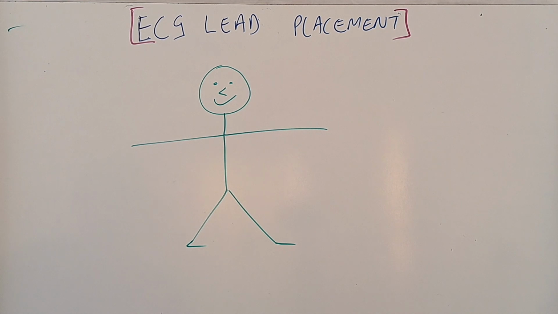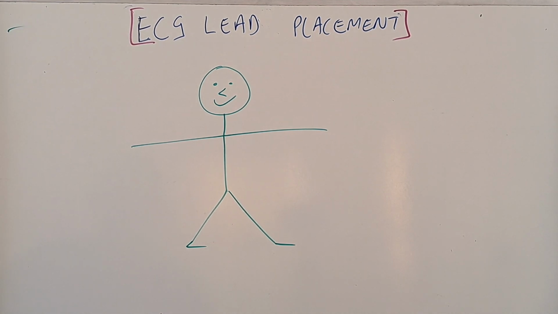You don't want them to be standing. You just want them to be comfortable, and the best position is actually a cardiac position. So you take your electrodes. You have your machine.